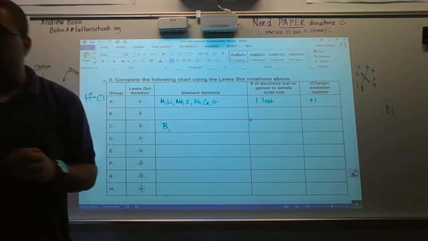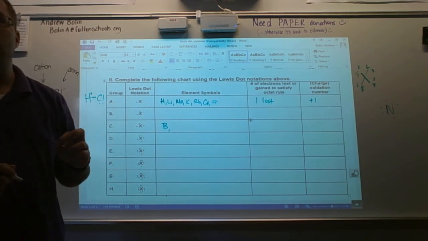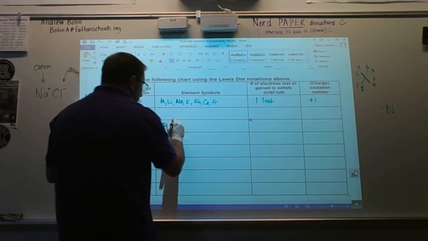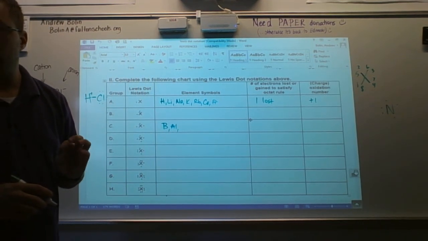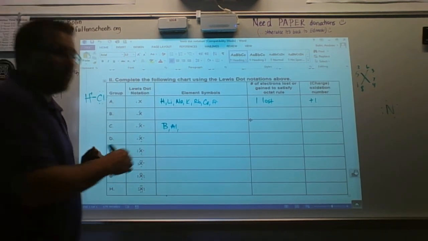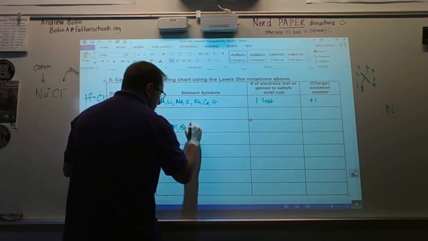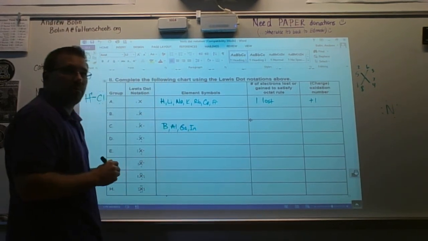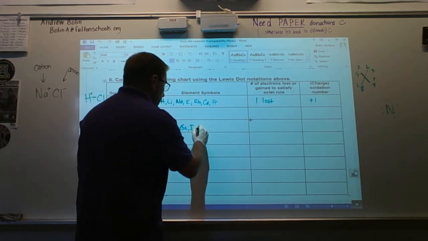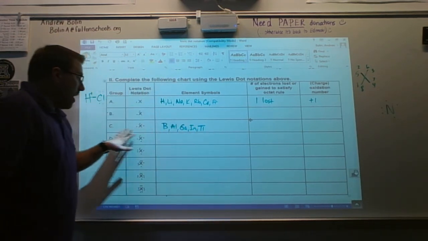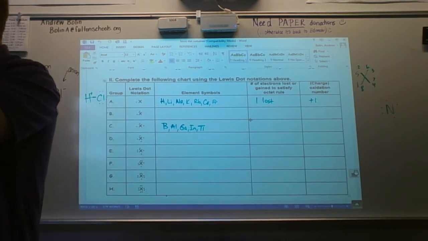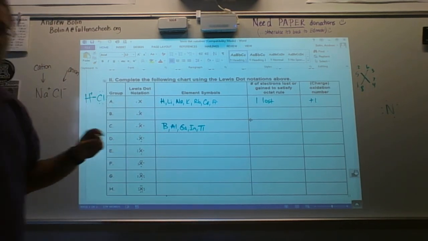Boron, aluminum, gallium, indium, and thallium. Okay, so now we've written all of them in that category that have 3 valence electrons.